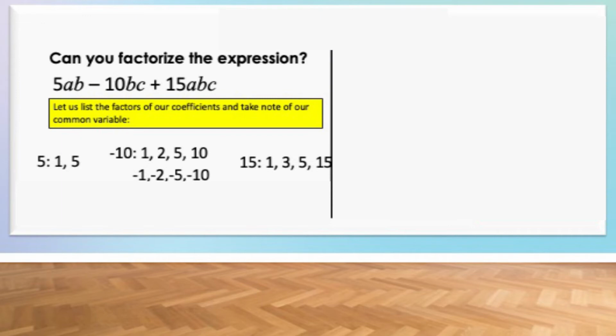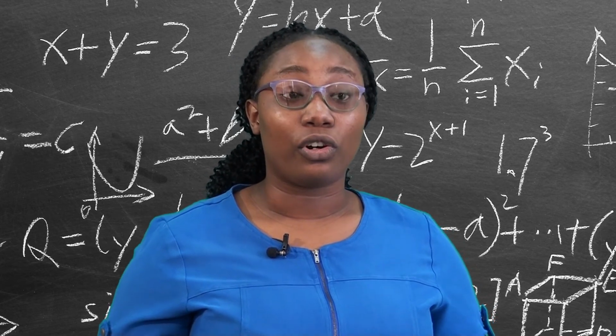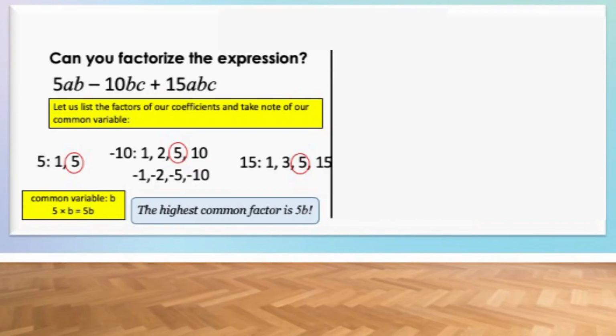For 15, we have 1, 3, 5, and 15. Now, what is the highest common factor? Remember, we also take note of our common variable. If you said 5b, you are absolutely correct.